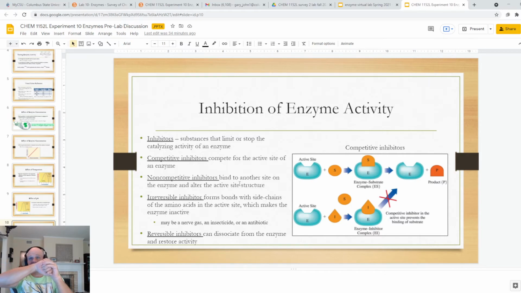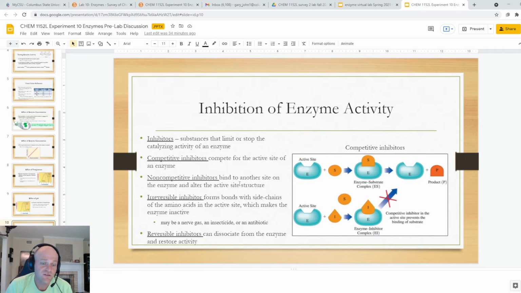So this enzyme will not process oxygen at all. That's why we call it irreversible. This carbon monoxide is locked onto this enzyme and it's not letting it be used anymore. And so you'd have to process that enzyme and break it all the way down, rebuild another one just to get back your function of that particular enzyme.